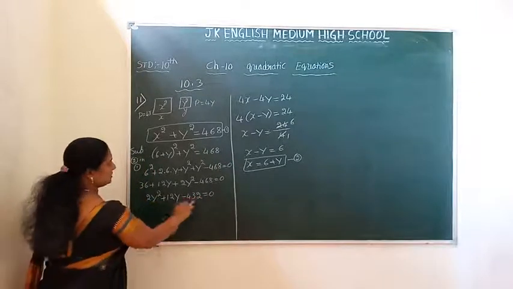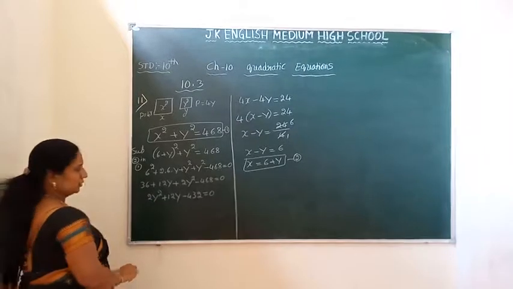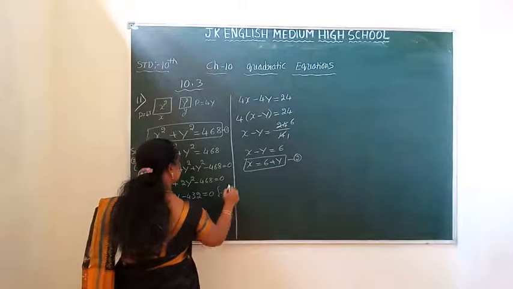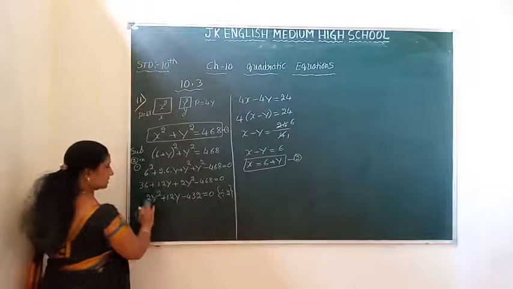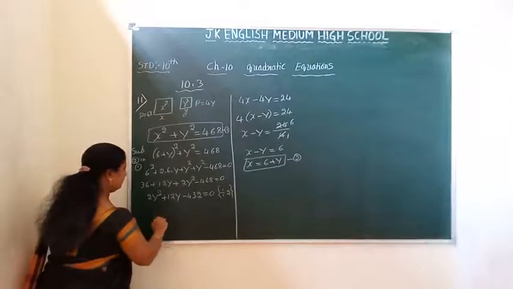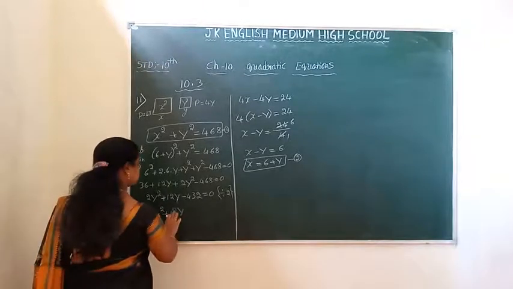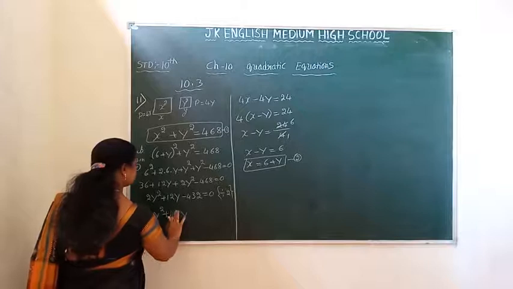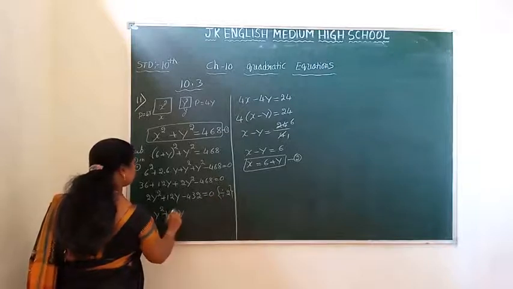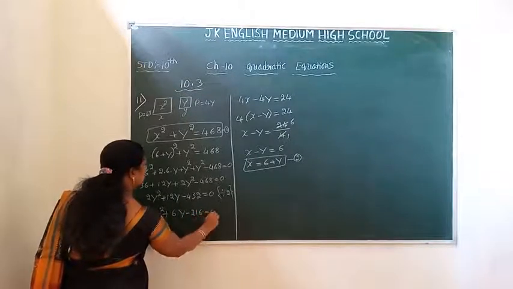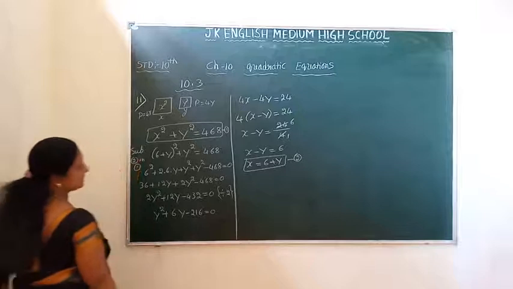All these three numbers have a common factor 2, so I can divide all three terms by 2. If I divide by 2, it changes to y square plus 6y minus 216, equal to 0.